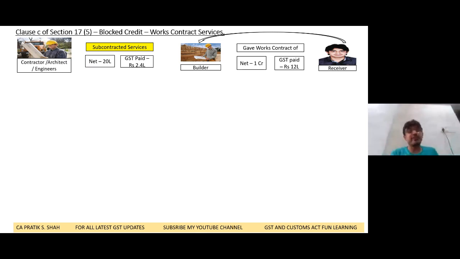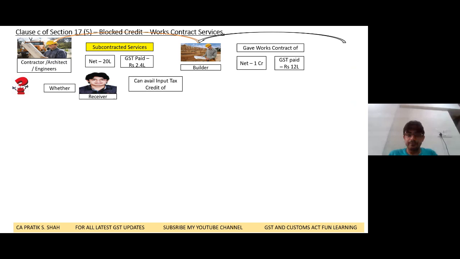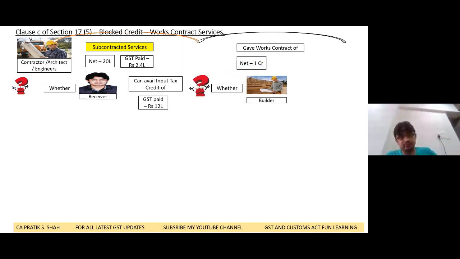Now the same query: whether the receiver can avail the ITC of GST paid of 12 lakh, and whether you can avail the ITC of the GST paid of 2 lakh 40.